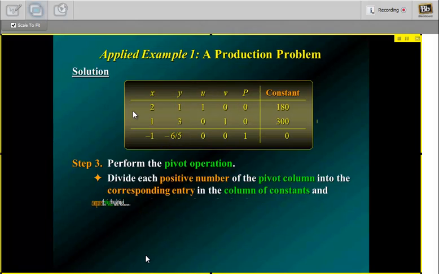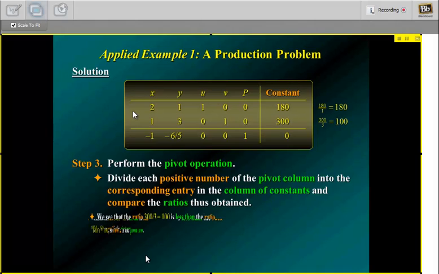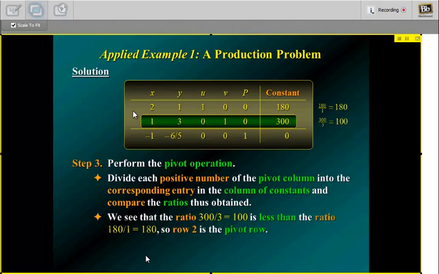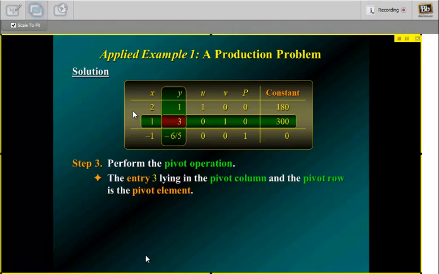As I told you, we will convert it into 0, meaning our pivotal element should be 1 and the above and below should be 0. So this is the pivotal row and this is the pivotal column, and 3 is the pivotal element.